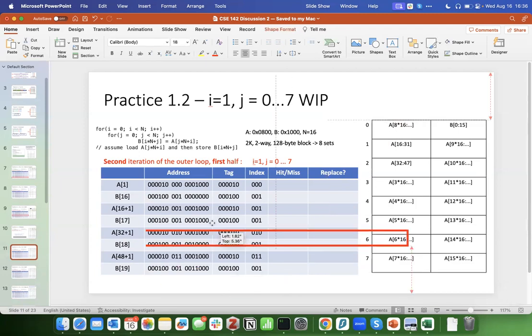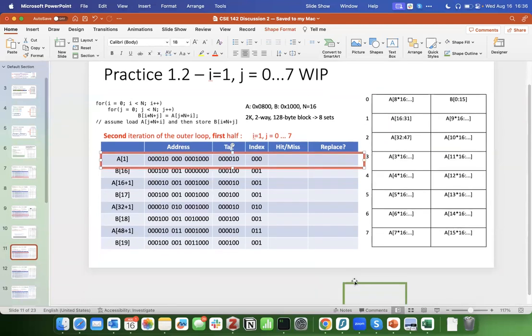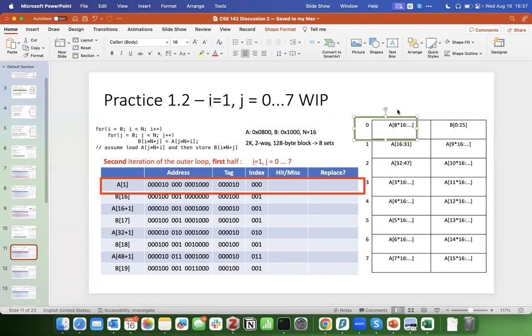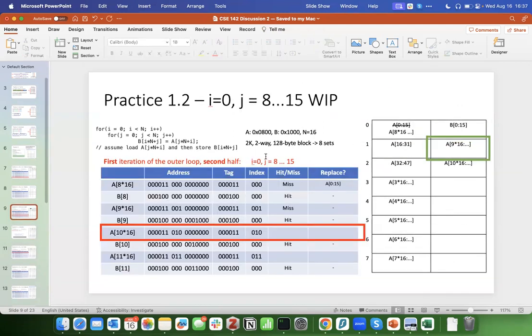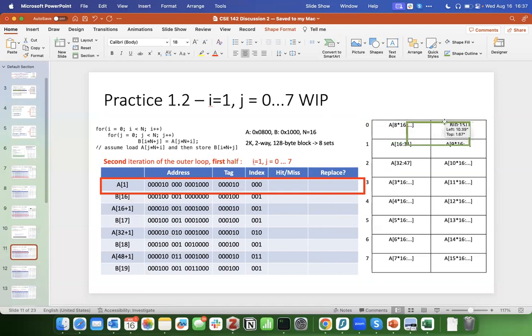So at the beginning of the next iteration, I equals 1, J equals 0. I'm accessing A1. I'm reading from A1 first, right? Index 0, 0, 0. And then I would realize that the block is nowhere to be found in the cache, right? Or in other words, it's nowhere to be found in the set at index 0, right?